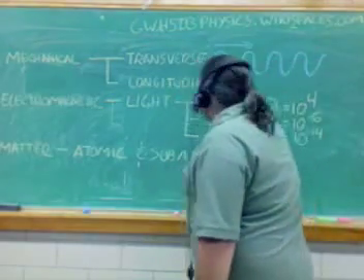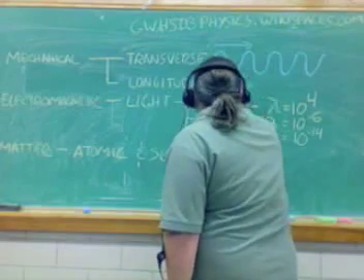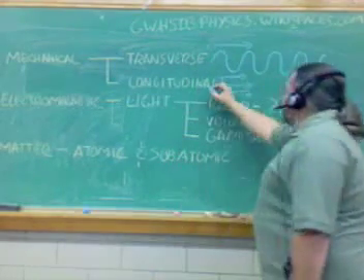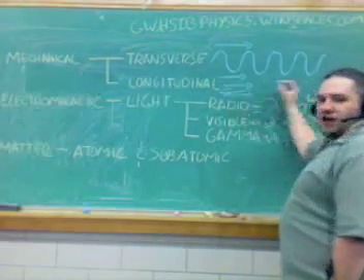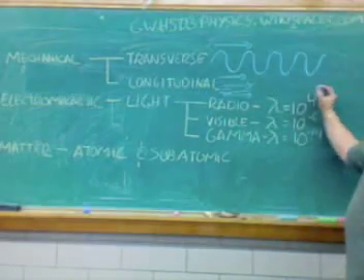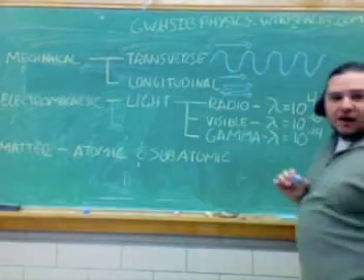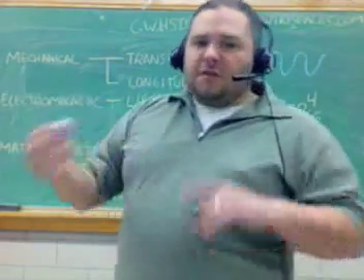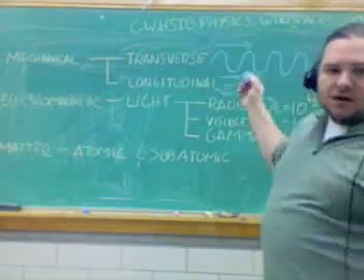So in a longitudinal wave, the wave is traveling this way, but you have motion that's going back and forth along that. So it's moving this way, this way, this way. If I were to examine all the longitudinal motion, it's just oscillating back and forth while the wave itself is moving in that direction. Okay? So it's a breakdown of mechanical waves. We'll talk a little bit more about transverse.